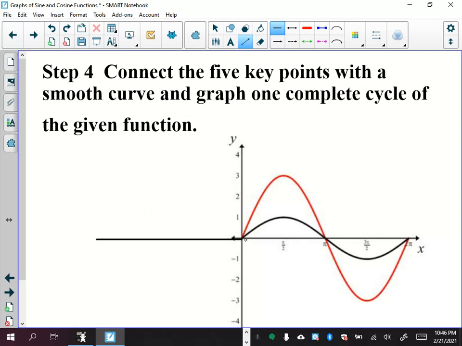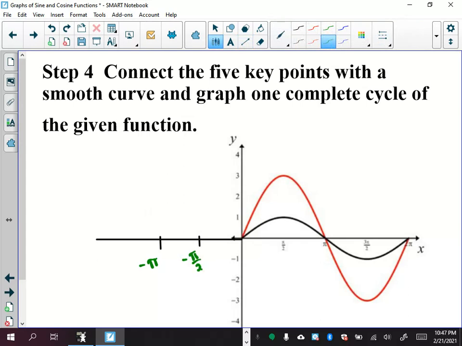My negative pi, however, I need to go back a little bit. So when I go back to negative pi, I'm going to go to about right here. And this right here is going to be my negative pi. And I know halfway between negative pi and 0, that is going to be my negative pi over 2.